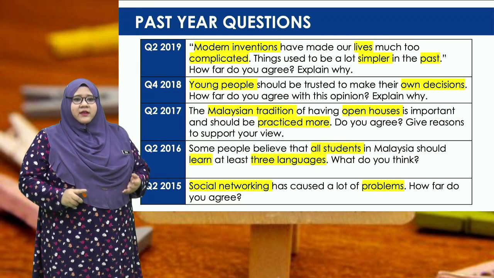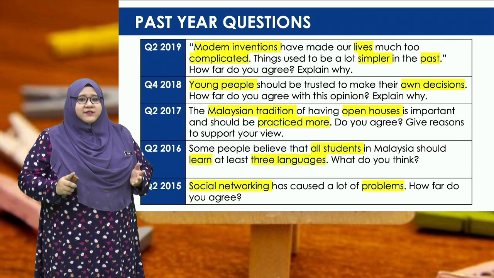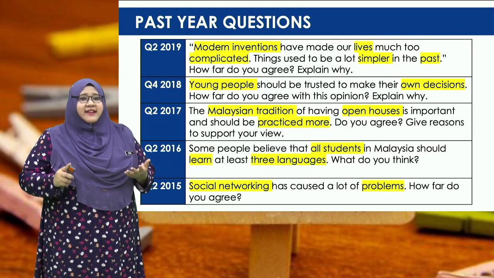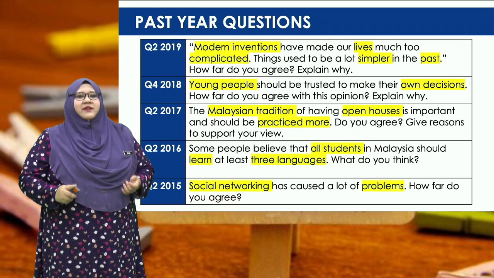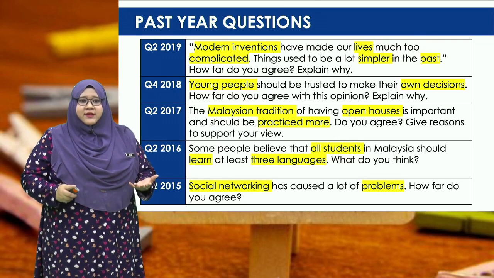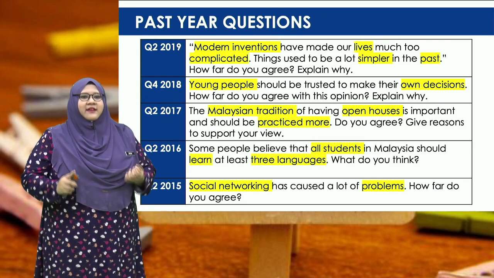What do you think? Notice that the question may not ask you to give reasons to support your view, but it does not mean that you do not have to do that. Okay? You still have to give reasons, you still have to justify your argument, you still have to give explanation.